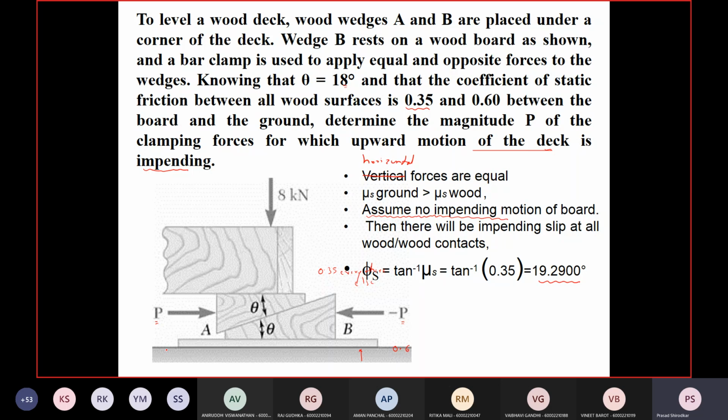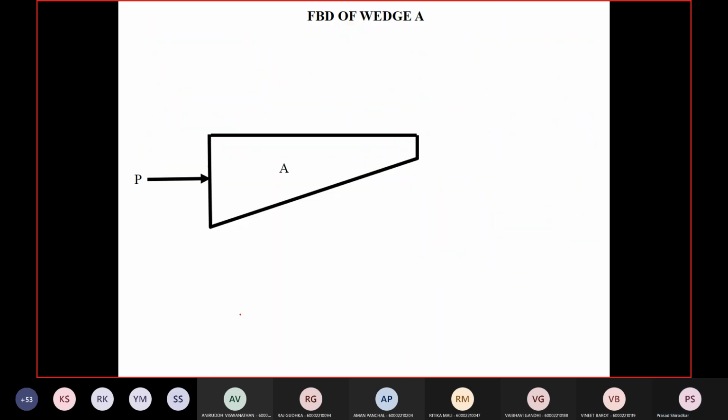So first let's consider the top wedge. There is no weight given for the deck, and it is all given as 8 kilonewtons. So we are going to assume that the total weight which is acting on the top of the wedge is 8 kilonewtons.